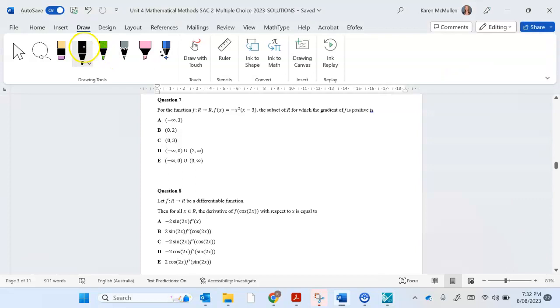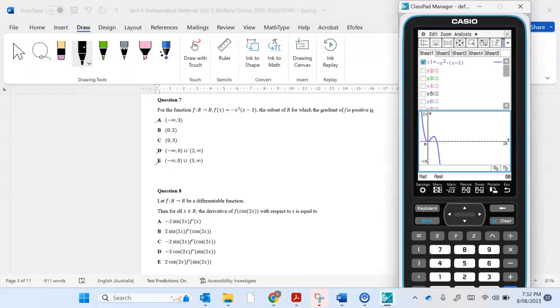So I can cross off this one, and this one, and then just see on our calculator, if I just go to maximum. All right, it's going to work for me.